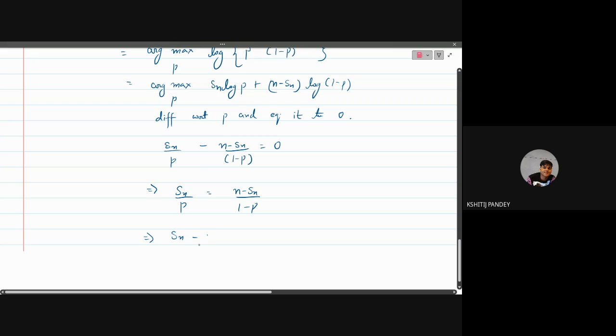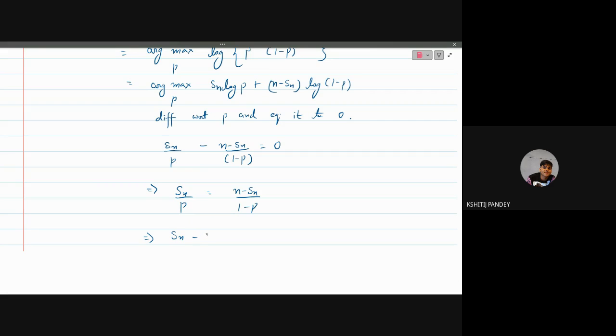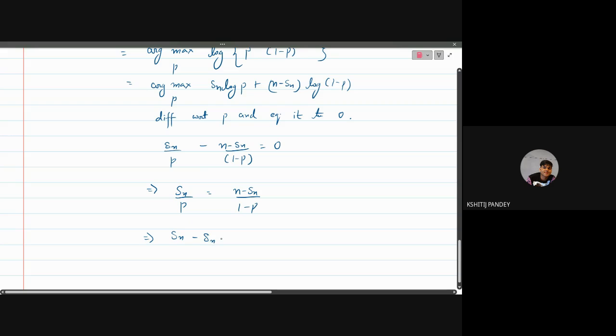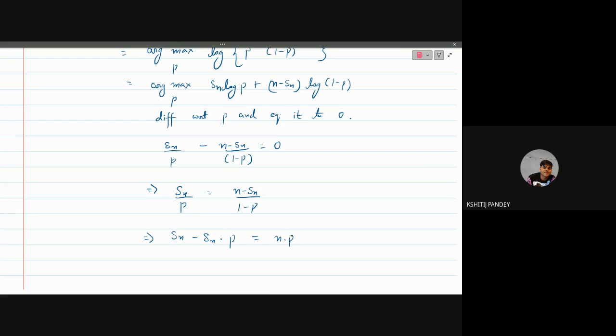Then we just have to simplify it further. So this will be Sn into 1 minus p, and here it will be n into p minus Sn into p.